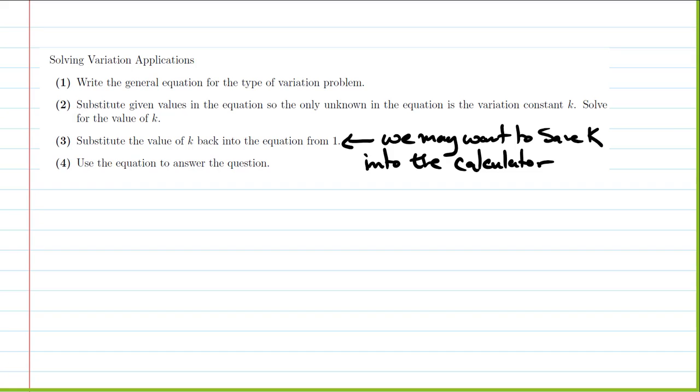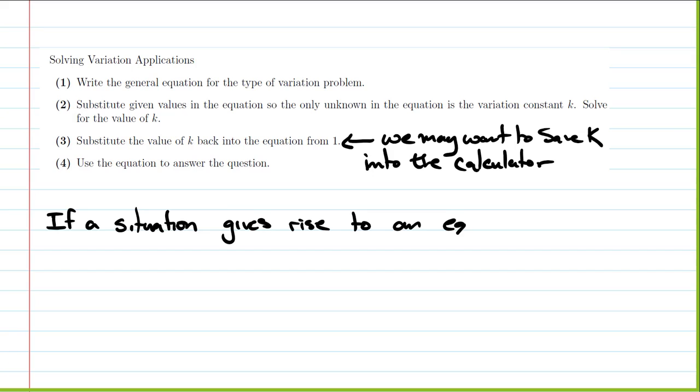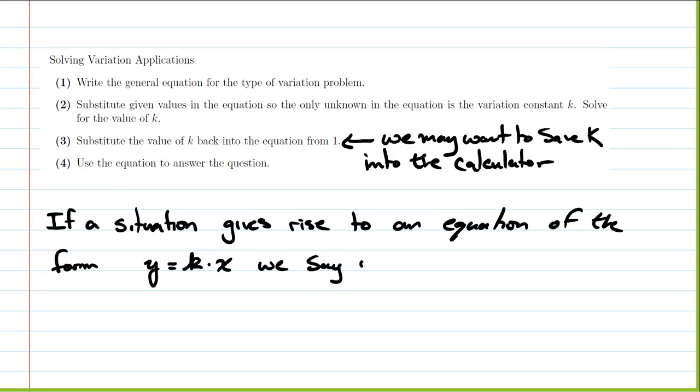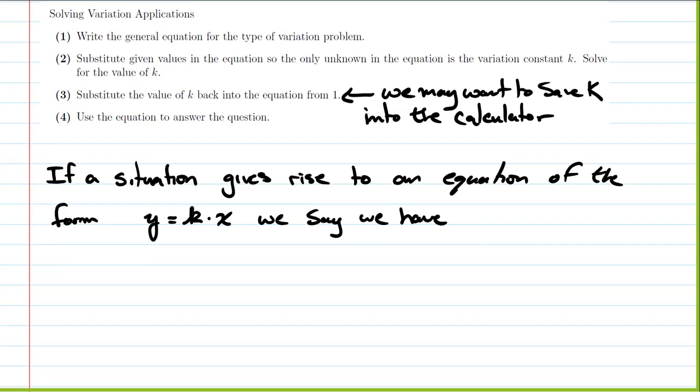So if a situation gives rise to an equation of the form y equals k times x, we say we have direct variation.